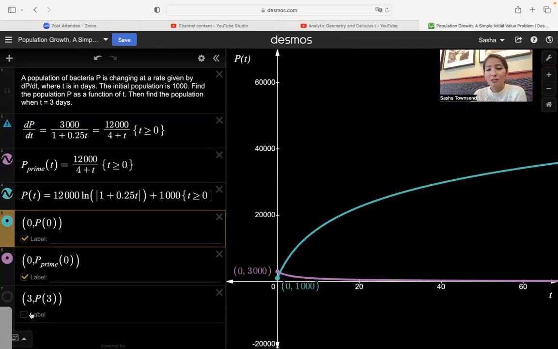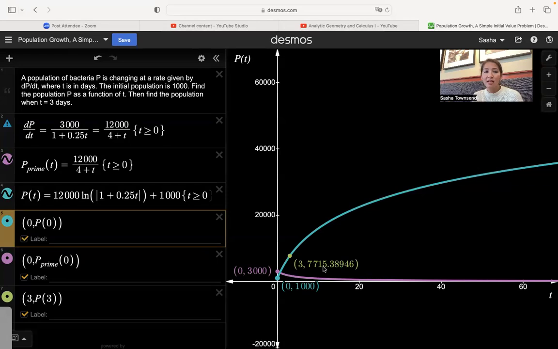And now we can use that to find the population of bacteria at t equals 3 days. So at t equals 3 days, that number is approximately 7,715. So there are 7,715 bacteria 3 days later when we started with 1,000 bacteria.